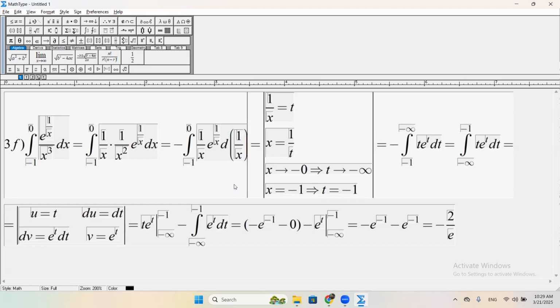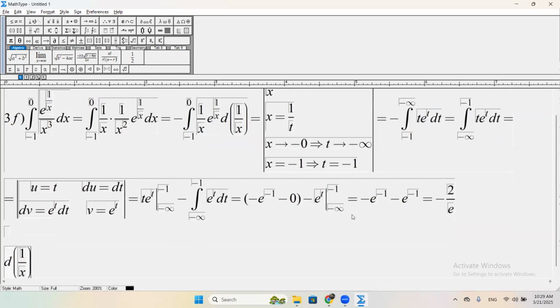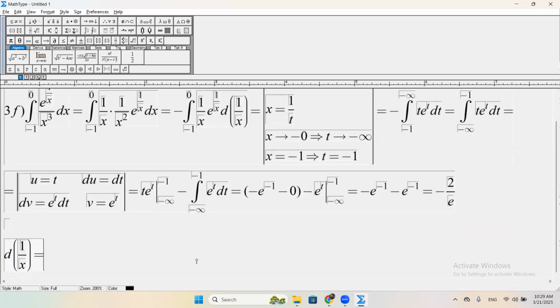No, because the differential of 1 over x equals minus 1 over x squared dx. Yes, I made a mistake. Thank you. You are welcome. More questions?